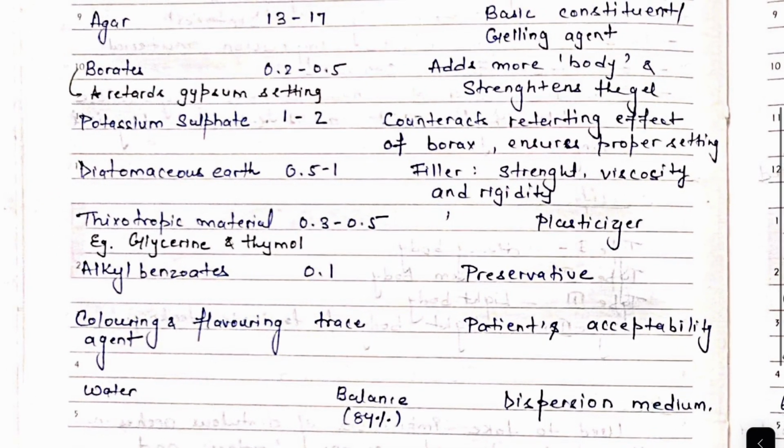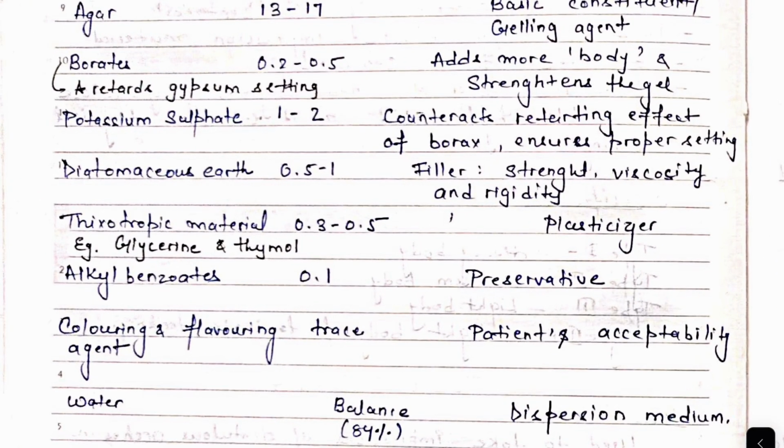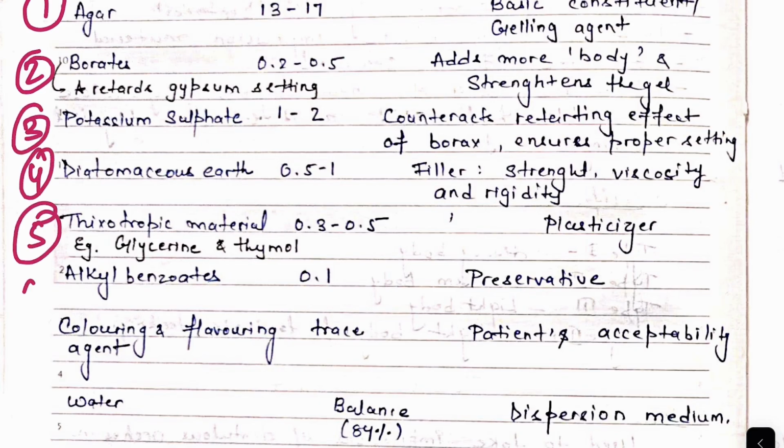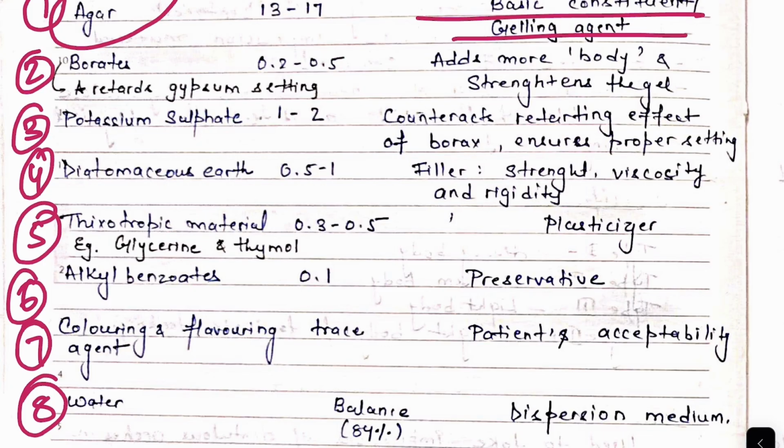Now again coming to the composition of agar, right? So how many materials do we have? We have 1, 2, 3, 4, 5, 6, 7 and 8. We have 8 materials. Now talking about the basic component. First, of course, we're talking about agar. It is the gelling agent, the basic component.